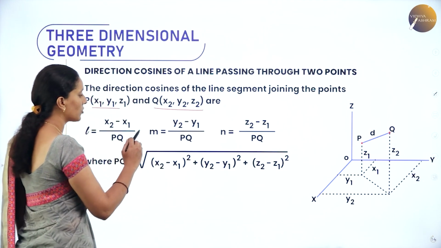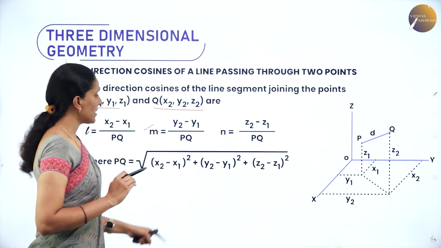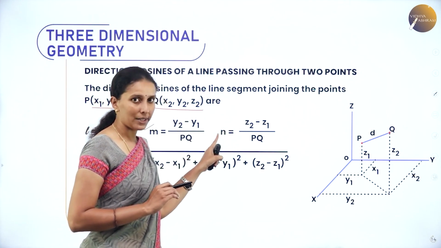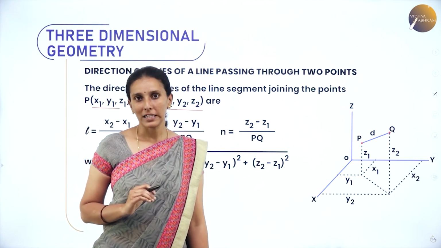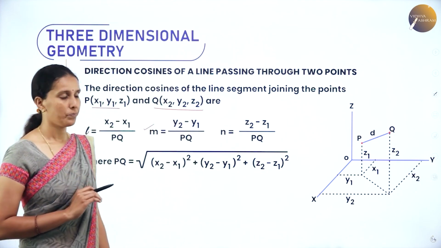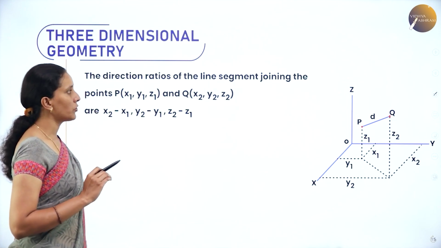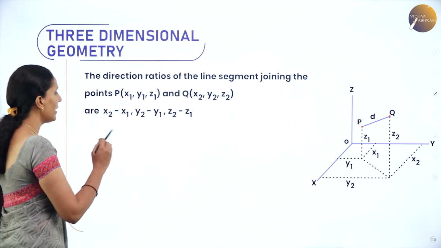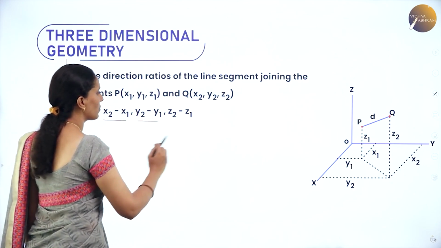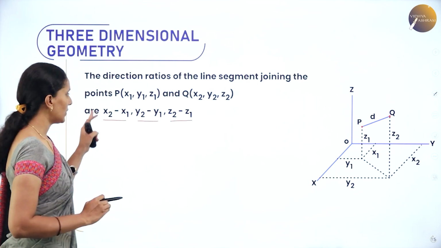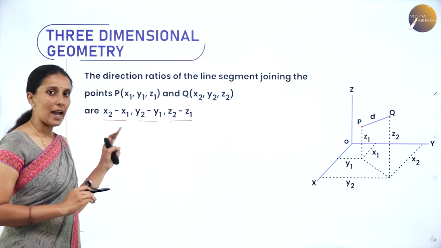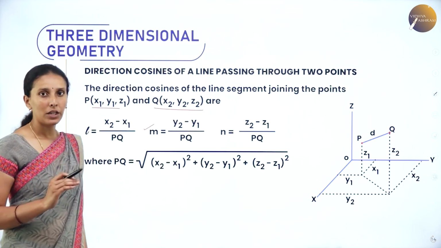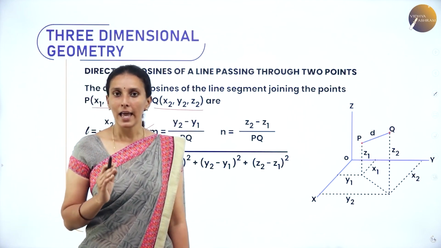Similarly, cos beta, m, is given by y2 minus y1 divided by PQ, and cos gamma, which is n, is given by z2 minus z1 divided by PQ. Next, the direction ratios of the line segment joining the points P and Q are x2 minus x1, y2 minus y1 and z2 minus z1. Whenever these direction ratios are divided by the distance PQ, that will give you the direction cosines L, M and N.